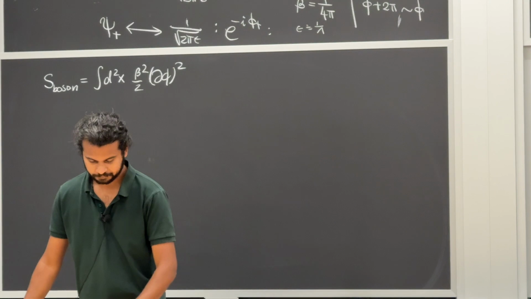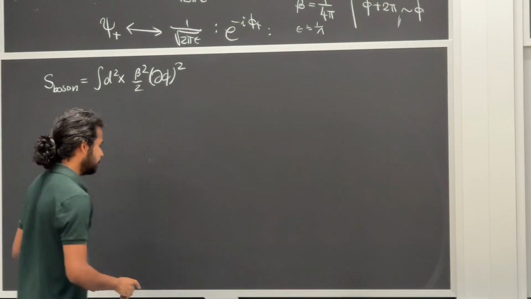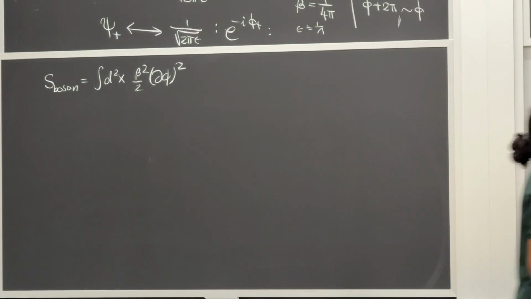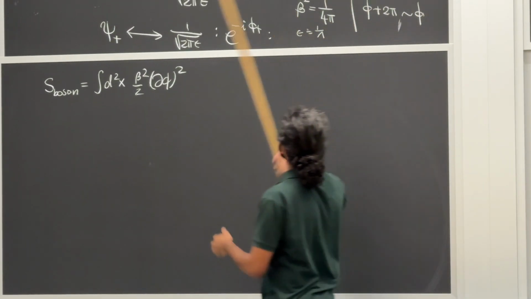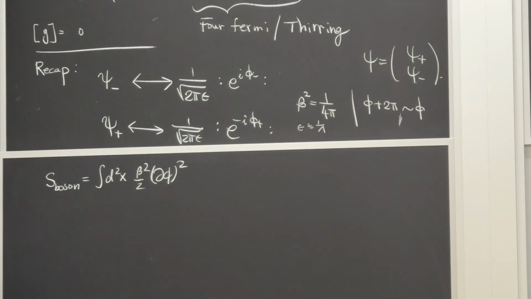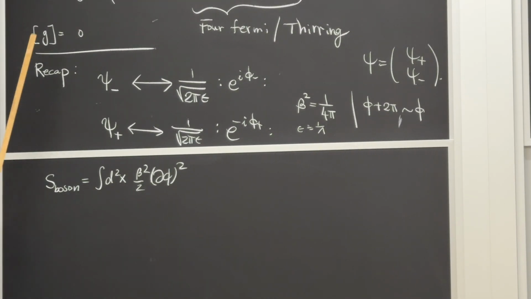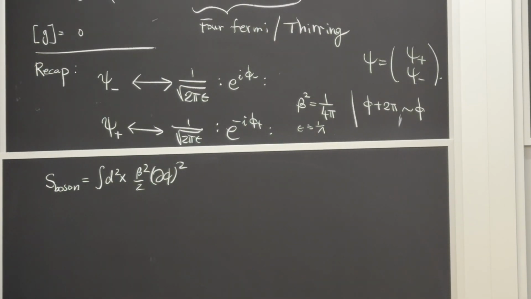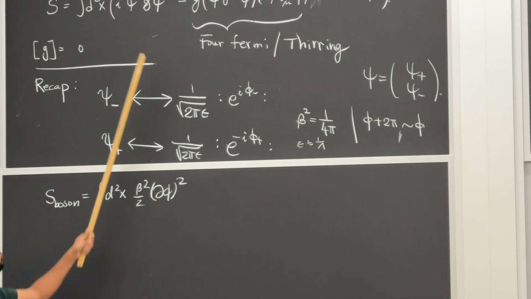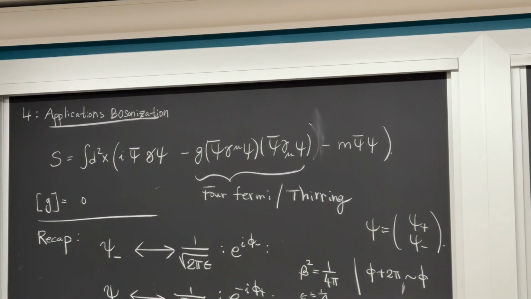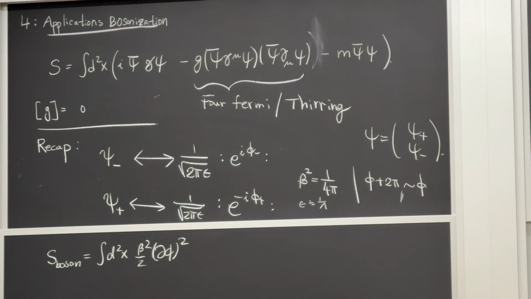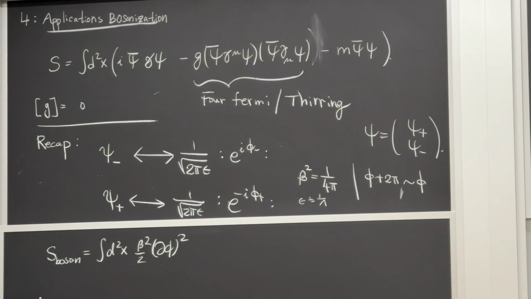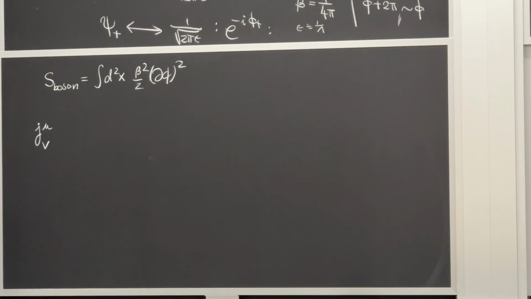Right. Now, as we see, I can skip this. As we see here, the interaction in the 4 Fermi theory is nothing but a current-current interaction. So for the fermion, we had the U1 symmetry that you can rotate the fermion by a phase, and that results in a current that we call the vector current.